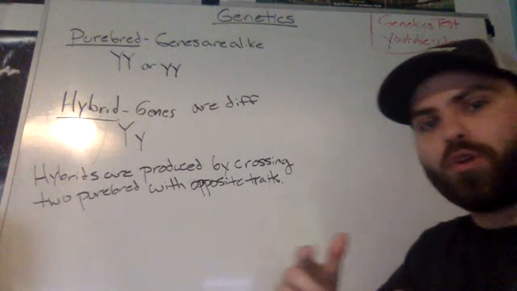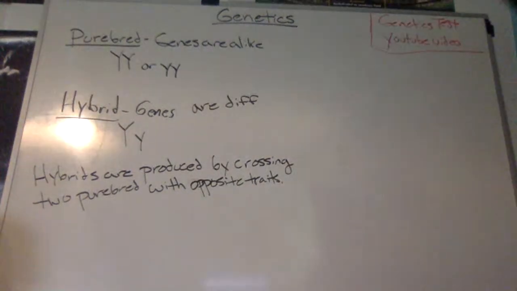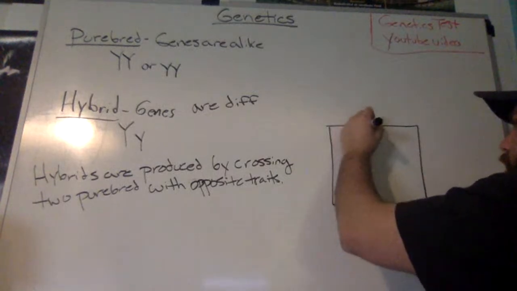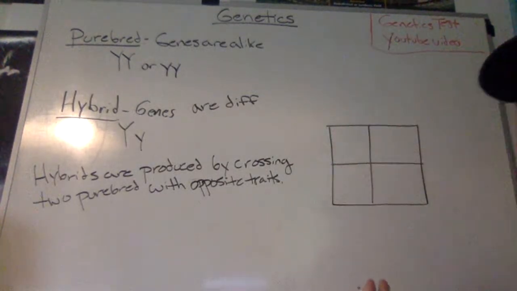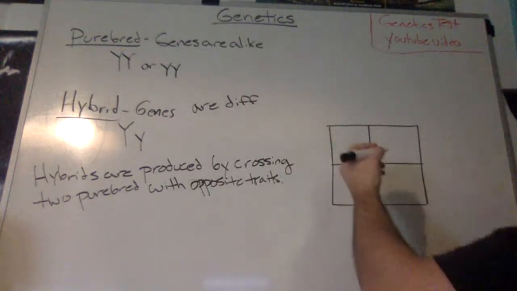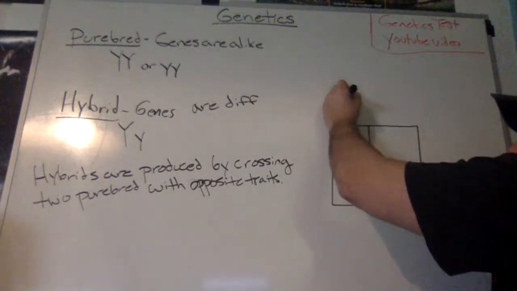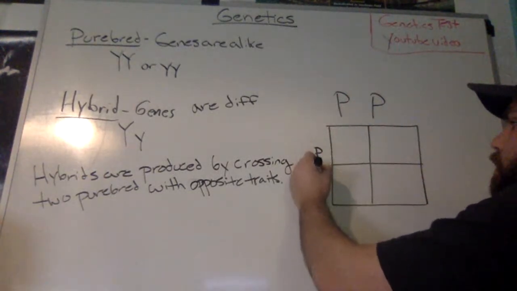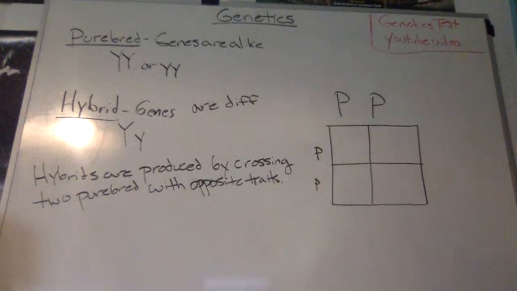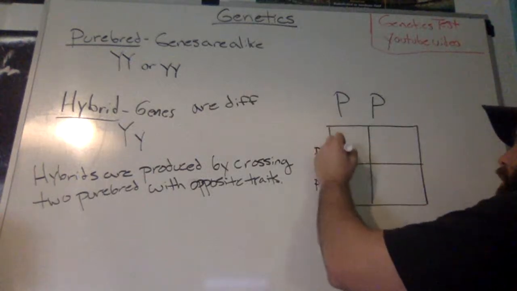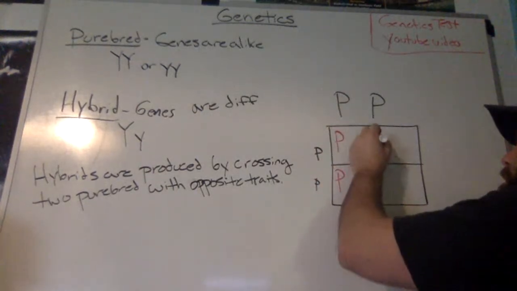So just to show you that really quick, I'm going to make a Punnett square, all right? And let's say we put two purebreds together. So I'm going to put two capital P's up here, and then I'm going to put two lowercase p's. So if I go across, I'm going to bring down my uppercase P's.